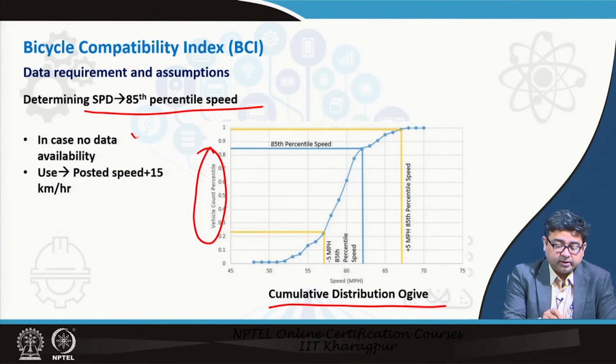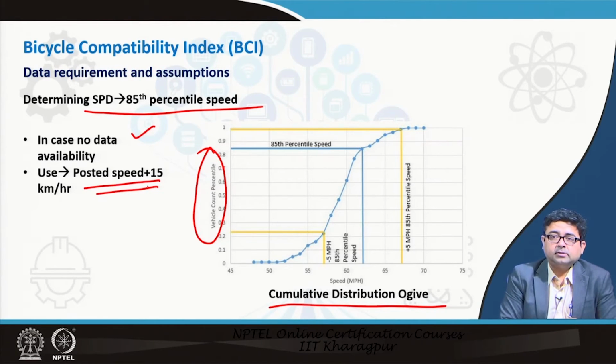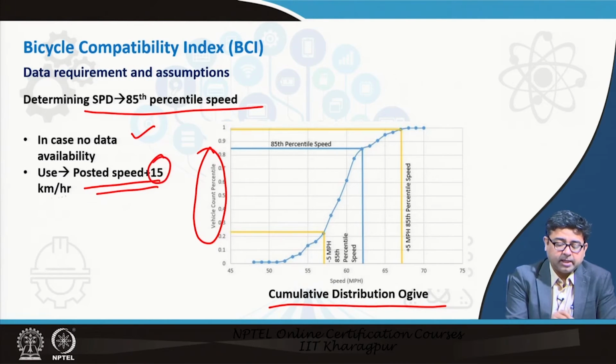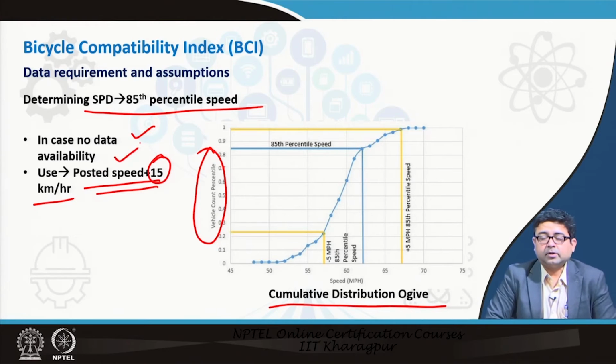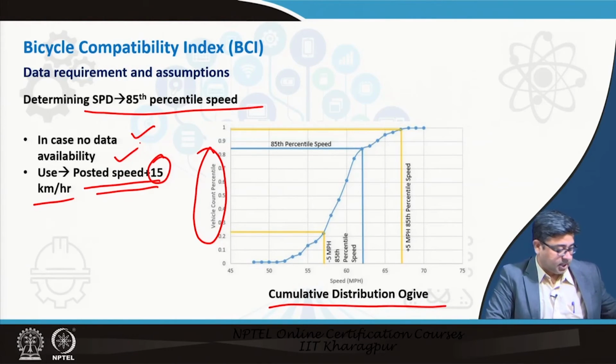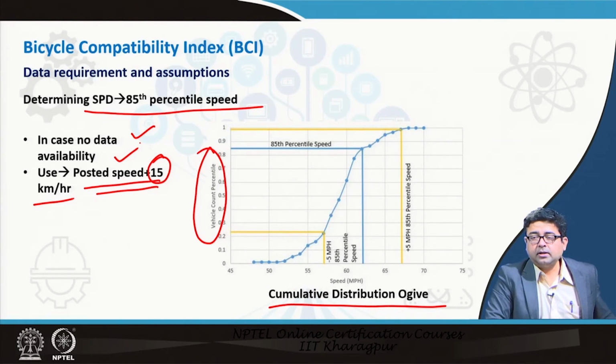If you do not have data available, you usually assume that the vehicular speed is 15 kilometers per hour higher than the posted speed limit, because usually the posted speed limits are on the conservative side and people drive at a higher speed than what is posted for that road.